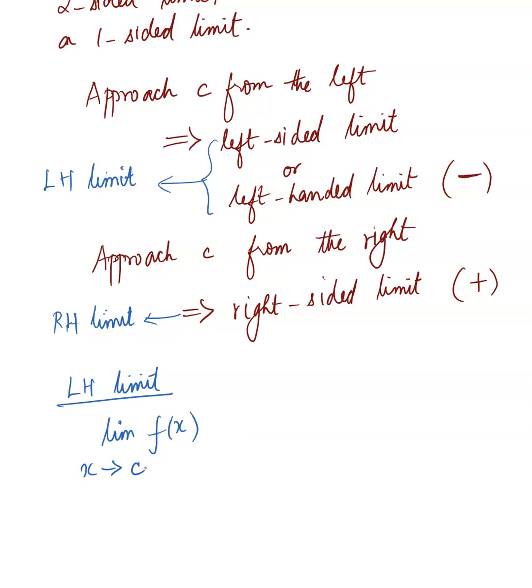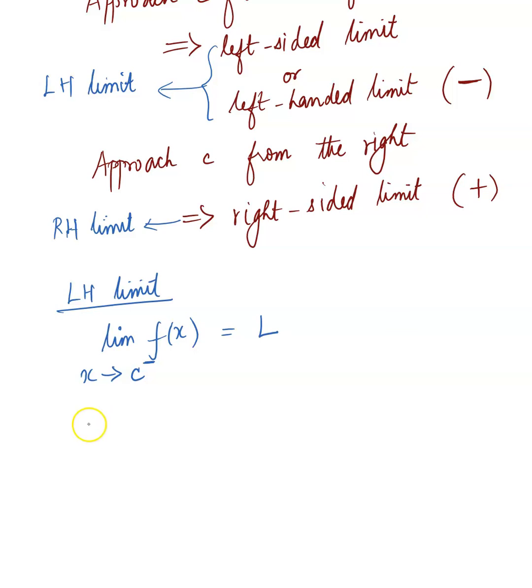But if I use the minus sign as a superscript above it, so x approaches C minus, that means we approach C from the left, and that may go to a limit L. And for the right-hand limit, it will be lim f of x as x approaches C from the right with a plus sign on top, and that could go to some other limit M. I'd like to illustrate this using an example.